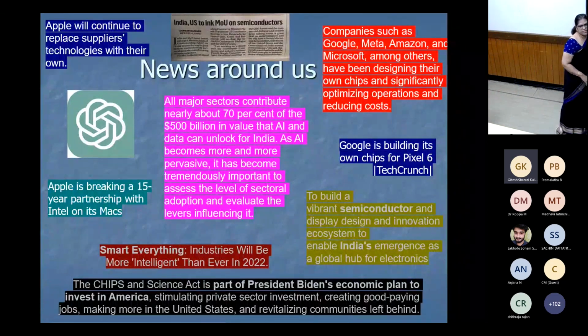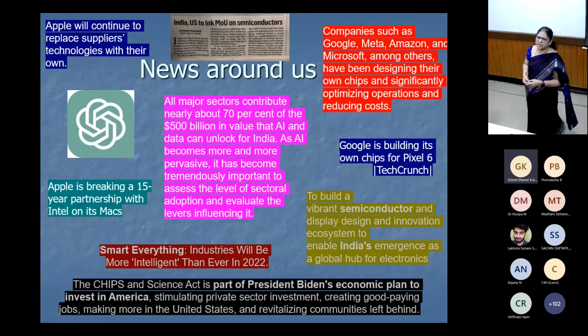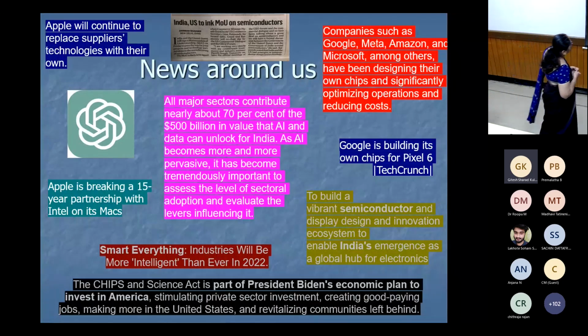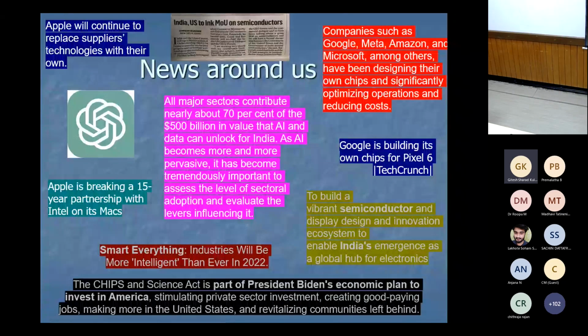And smart everything. We just saw a couple of examples of how everything around us is becoming smarter and smarter day by day. And what other news are we hearing now? To build a vibrant semiconductor and display design and innovation ecosystem, India has come out with the electronics mission, right? The semiconductor mission.